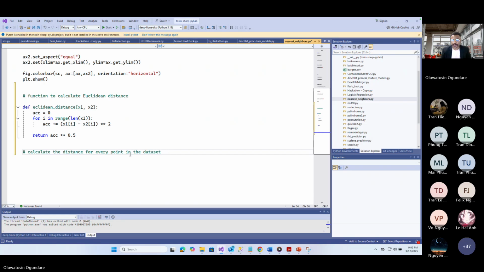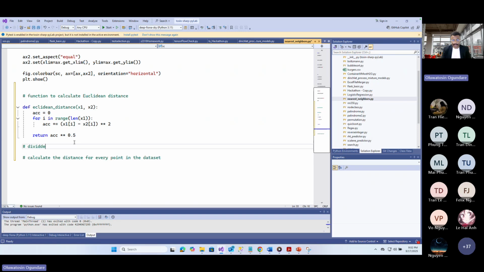In fact, you need to divide your data set into two parts. One is the training set, which is your set of examples, and the other is the test set. How would you do this?